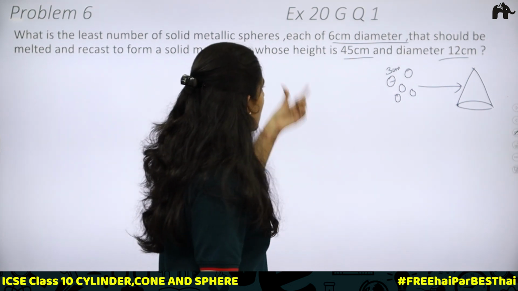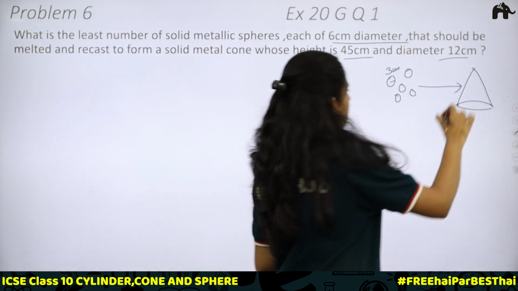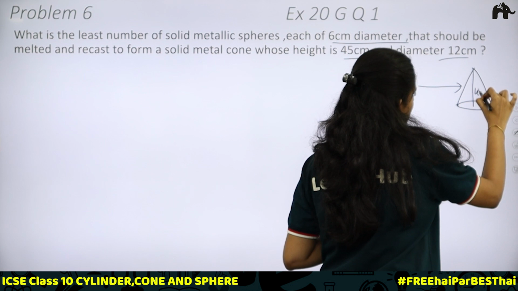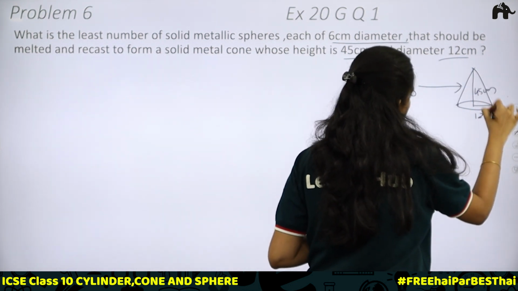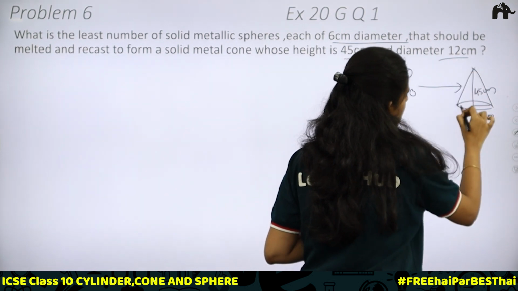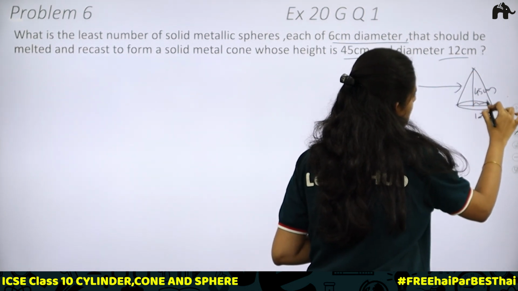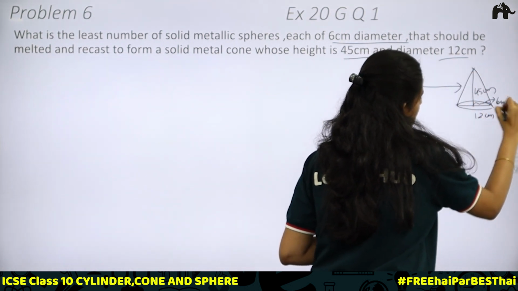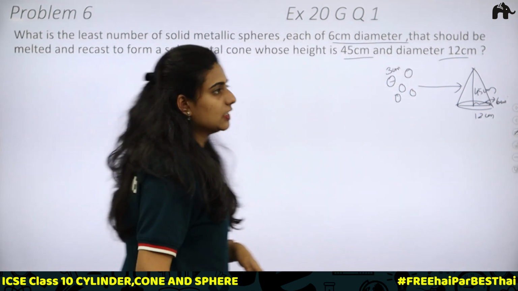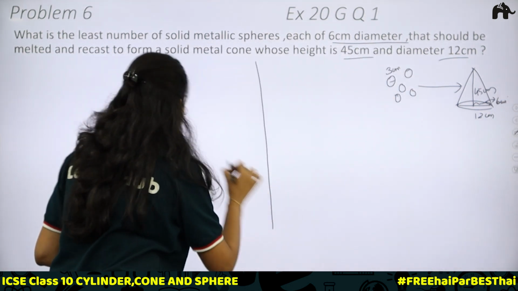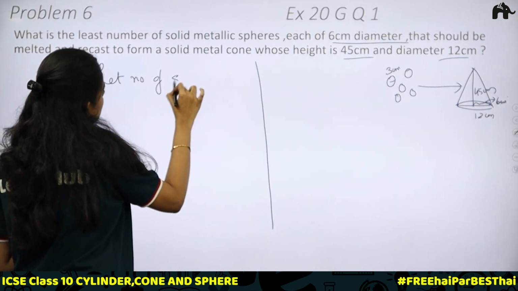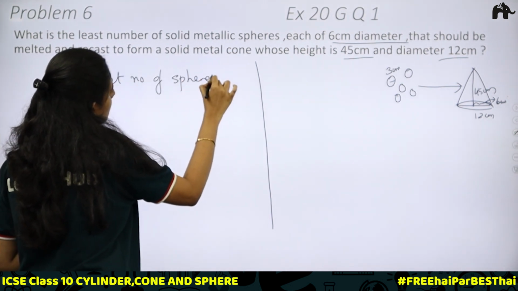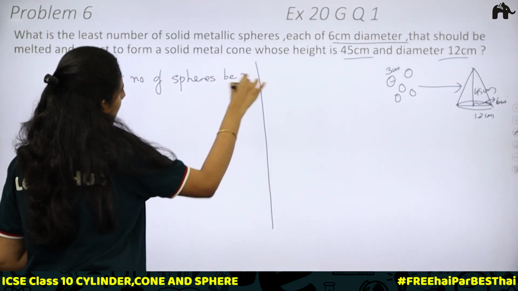What about the cone? Height of cone is given, which is 45 cm. And the diameter is also given, which is 12 cm. Then what will be the radius? Radius will be equal to 6 cm. Let the number of spheres be n.